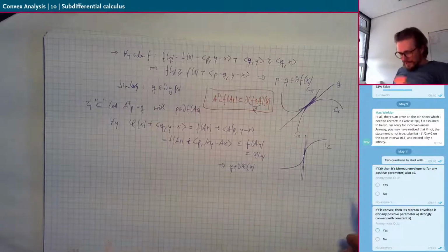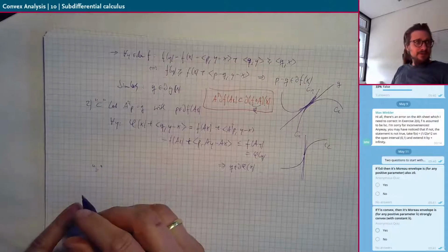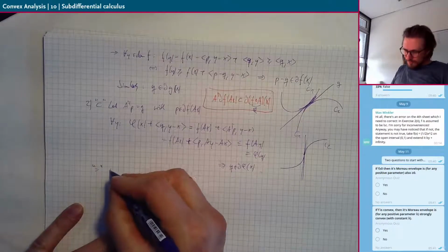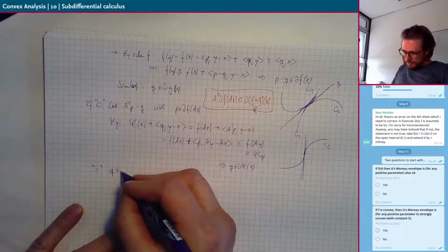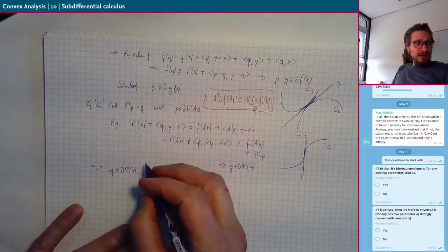Okay, so now again let's check why the equality is difficult. So for the equality, you assume that you have a q in the subgradient of phi at x, and write down what that means.